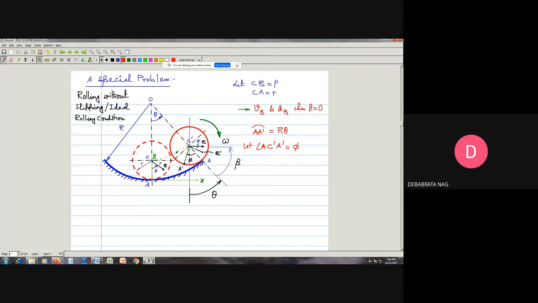So while this rotation takes place, the arc length AA prime that we get, because of this rotation, becomes equal to how much?